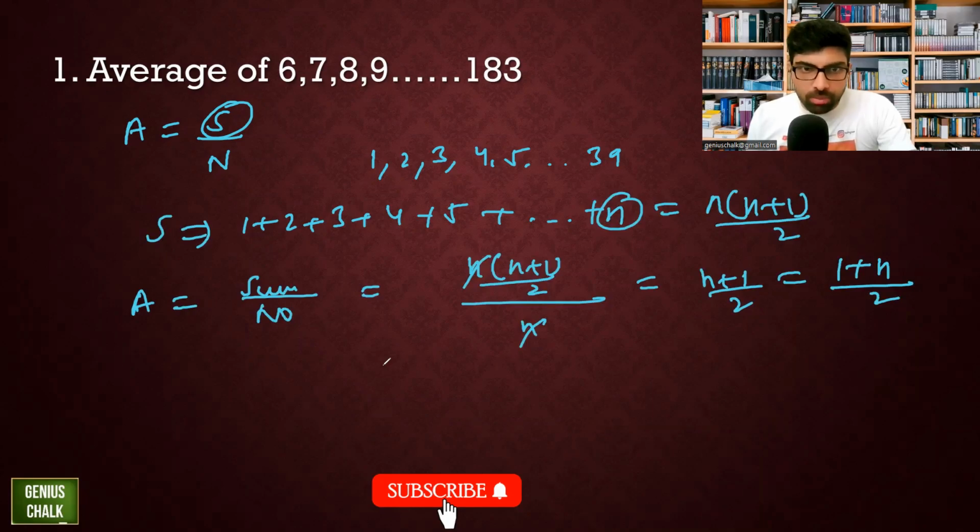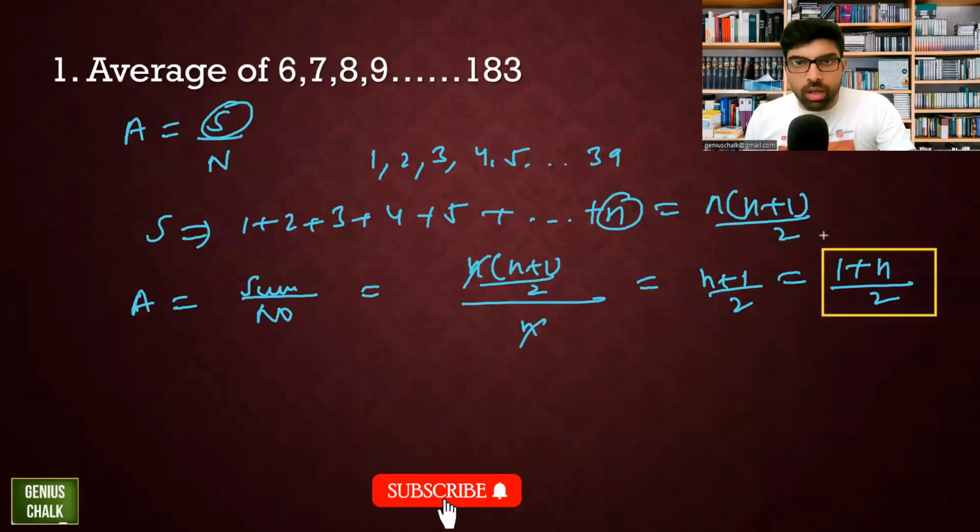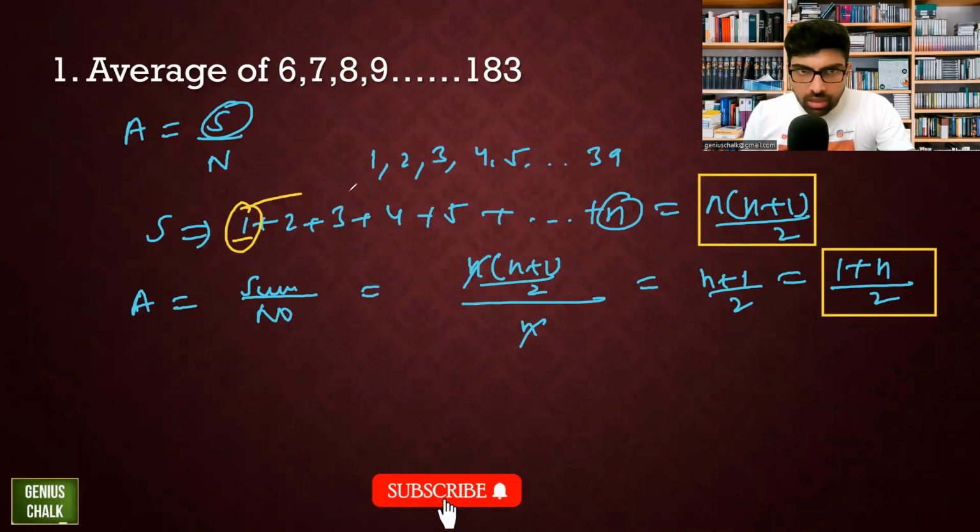This is my average formula for consecutive numbers, or where the series has the same difference. This is the formula we use when the series starts from 1. You can see 1 is the first number and n is the last number. So what is my average? First plus last by 2.